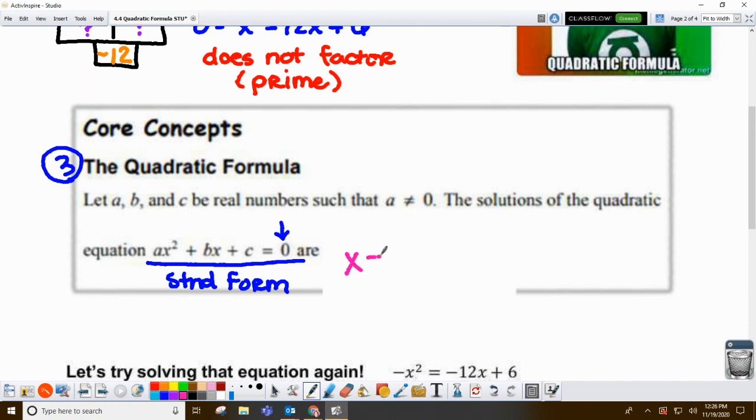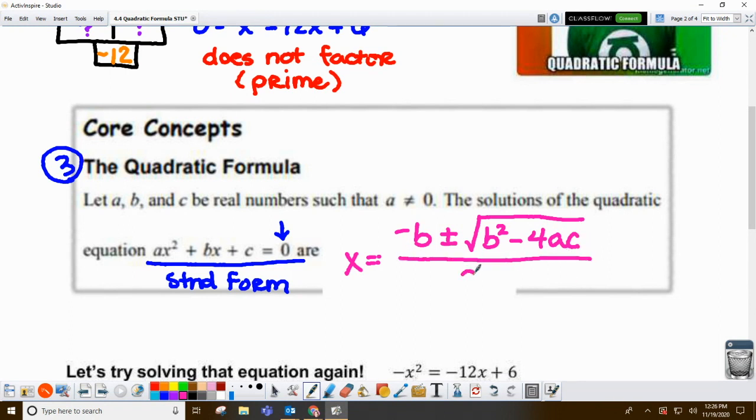So the quadratic formula is x equals negative b plus or minus the square root of b squared minus 4 times a times c, all divided by 2 times a.